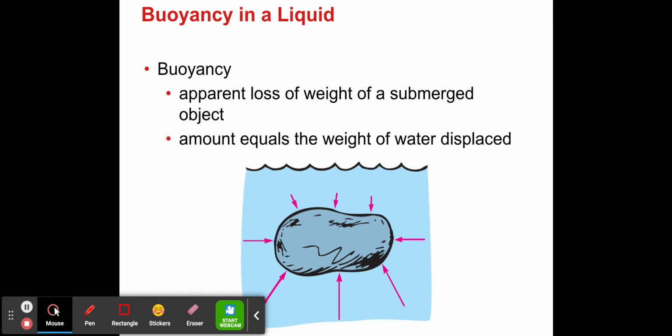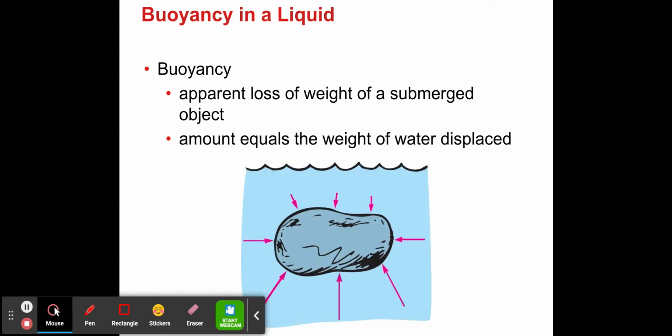And so what happens is you experience an apparent loss of weight that is equal in amount to the weight of the water that you displace. So let's say if you dive into a pool, you see the water rising, you will experience an apparent loss of weight equal to the weight of the water that you displaced when you dived in.